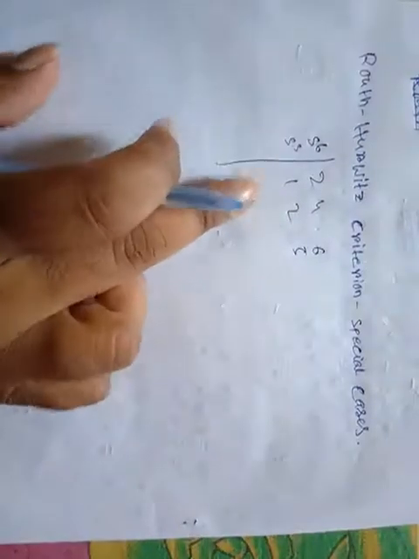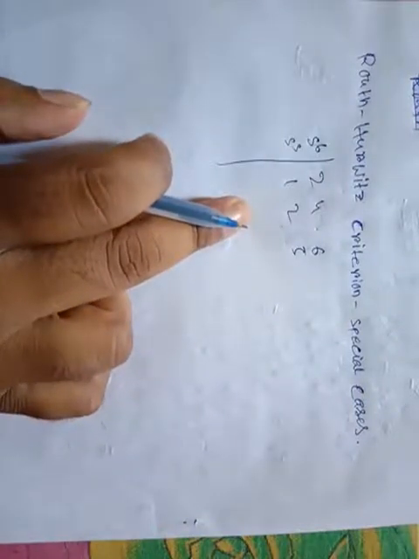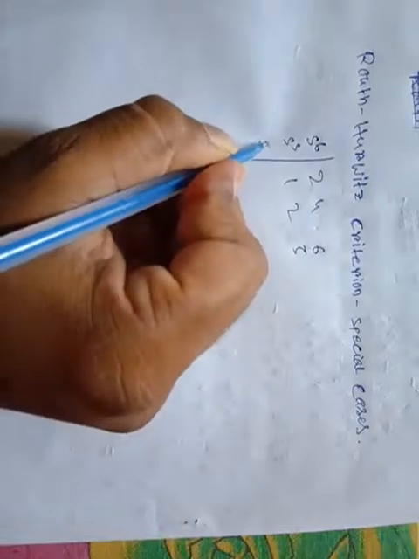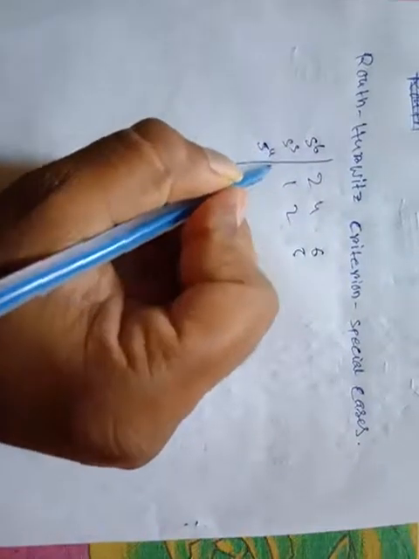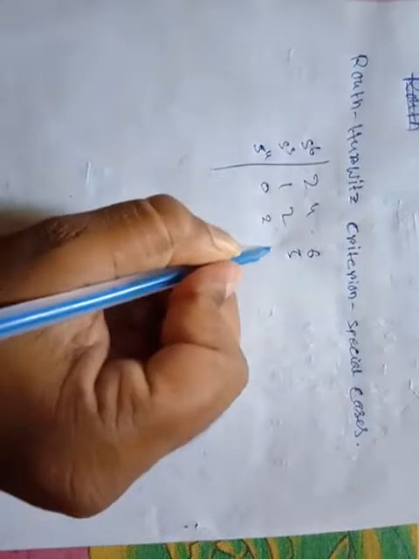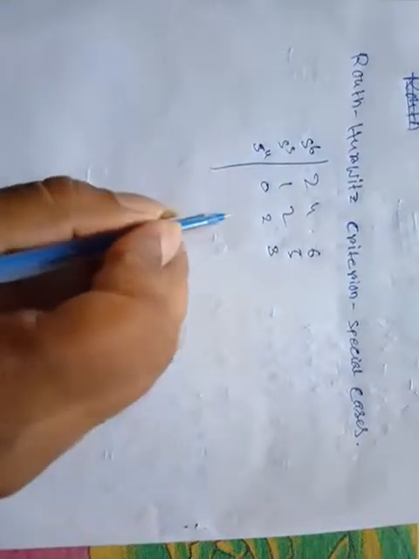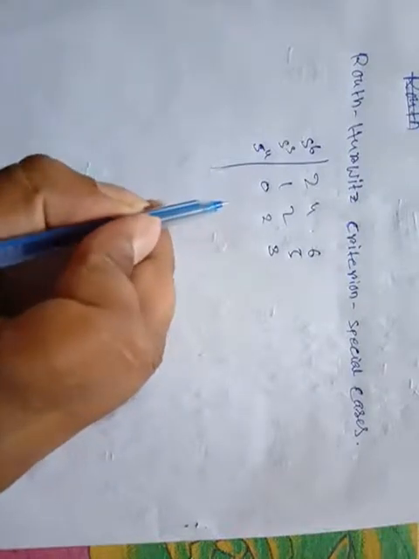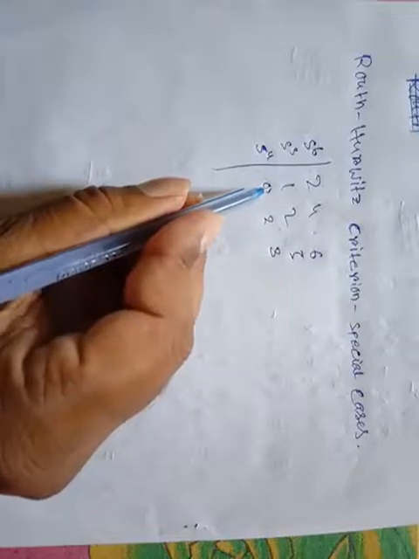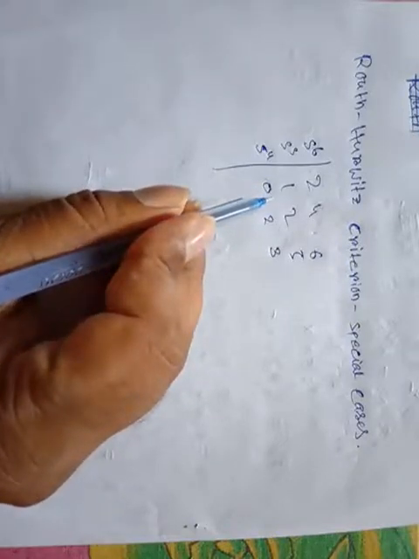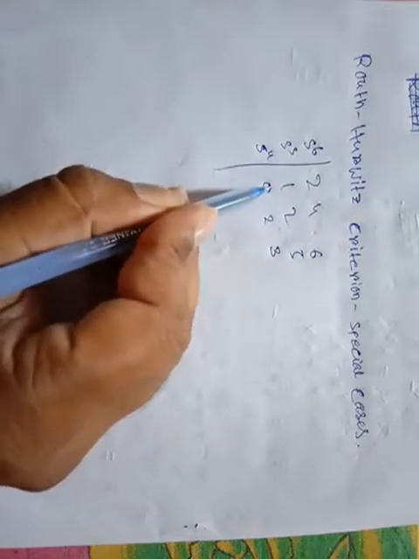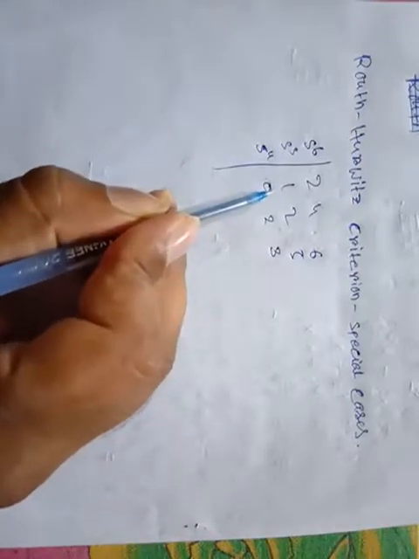suppose it is a Routh array. When the first element of a row is 0, we simply replace the 0 with a very small positive number.